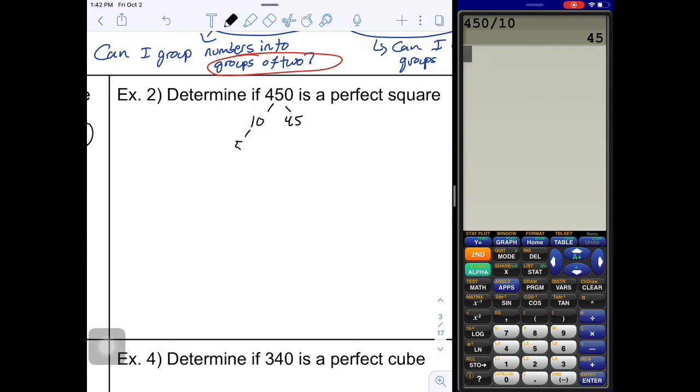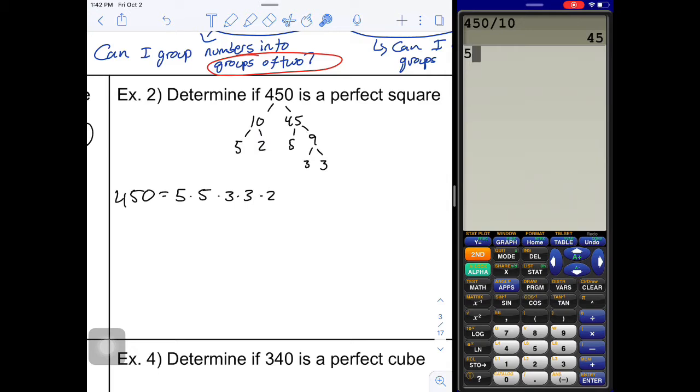This is 5. 10 divided by 5 is 2. I'm going to divide this by 5, and that's going to give me 9. And then I can divide these by 3. So 450 prime factorized is 5 times 5 times 3 times 3 times 2. 5 times 5, 3 times 3, and then times 2.